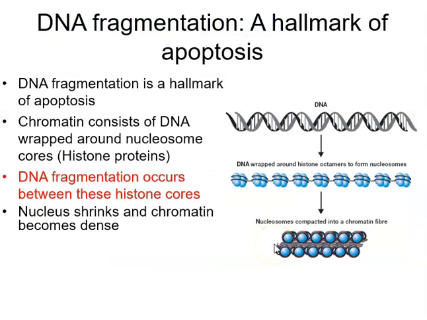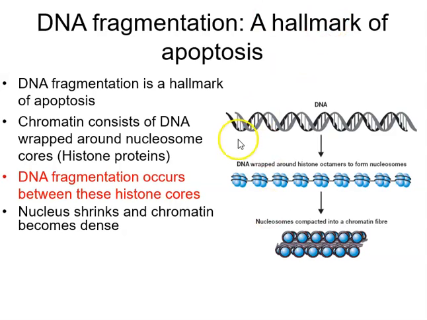Now, I've mentioned DNA fragmentation a few times, and this is a classic sign of apoptosis. DNA fragmentation occurs because a DNAase becomes deliberately activated during apoptosis, and we'll find out about this in the second lecture that I'm going to put up today.